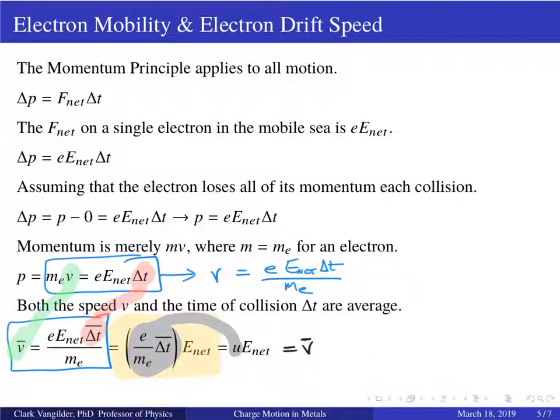Right? So that would be a variable that we control. So that gets us to this thing called drift speed. And the reason why it's a drift speed is because we forced that average. All right? And so the drift speed is of the entire mobile sea.